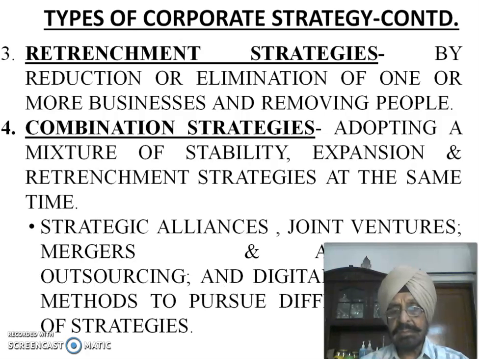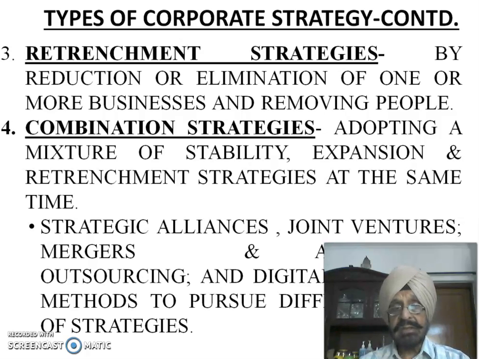There are certain other terms that are used with this corporate strategy: strategic alliances, joint ventures, mergers and acquisitions, outsourcing, digitalization are the other methods to pursue different kinds of strategy. All these terms we will be explaining later on in the lectures to come.